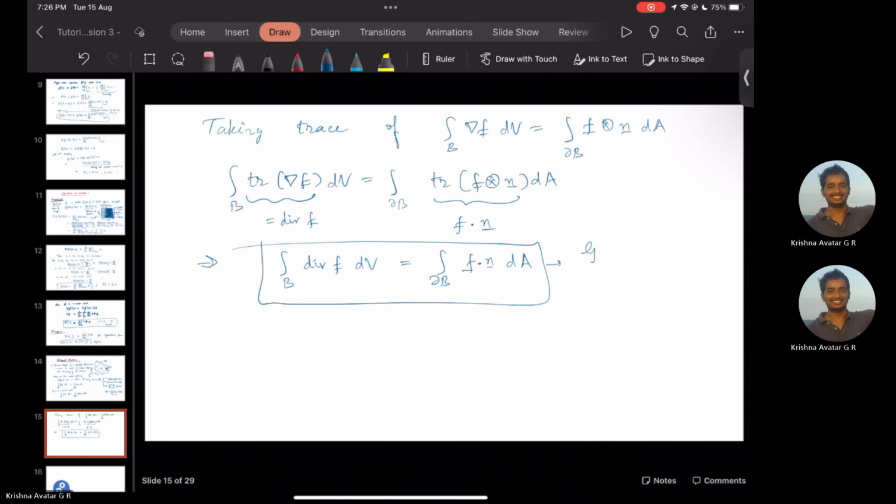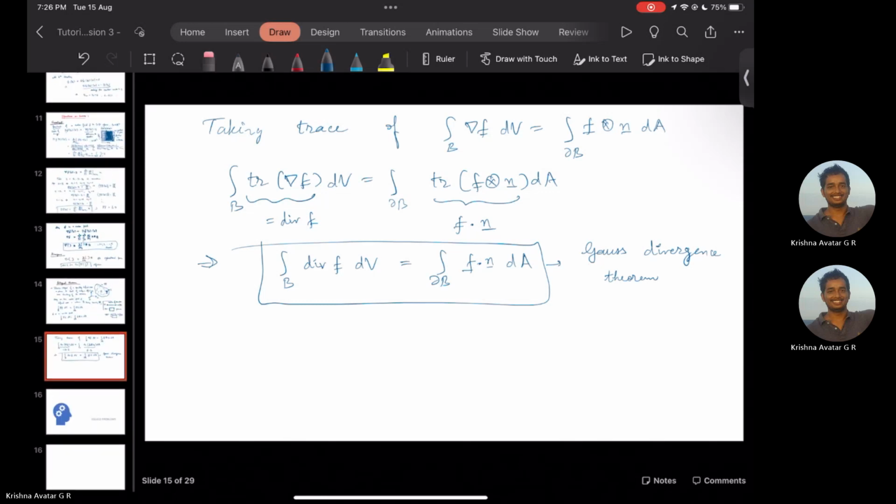This is the widely known Gauss divergence theorem, one of the most widely used integral theorems, if not the most widely used. I think we had reviewed whatever was to be discussed.